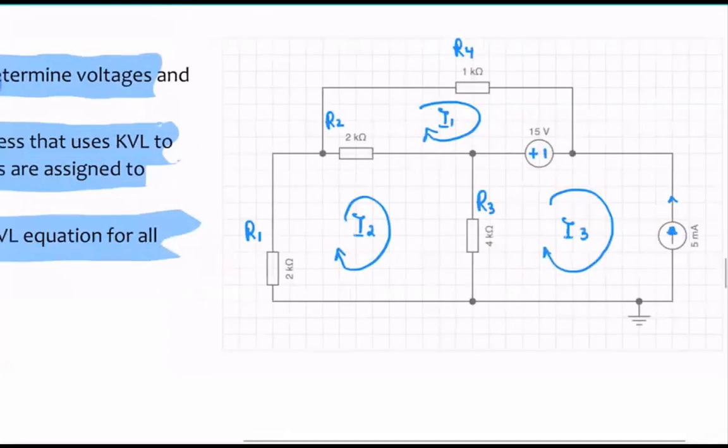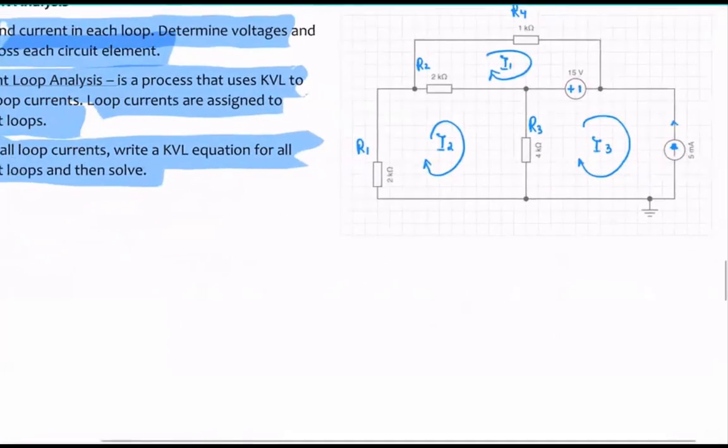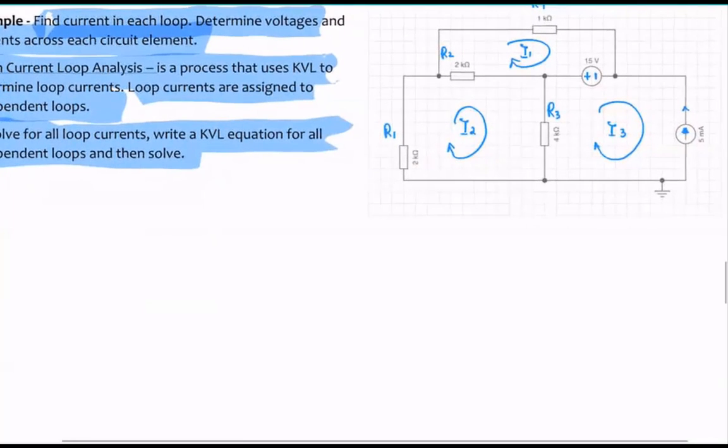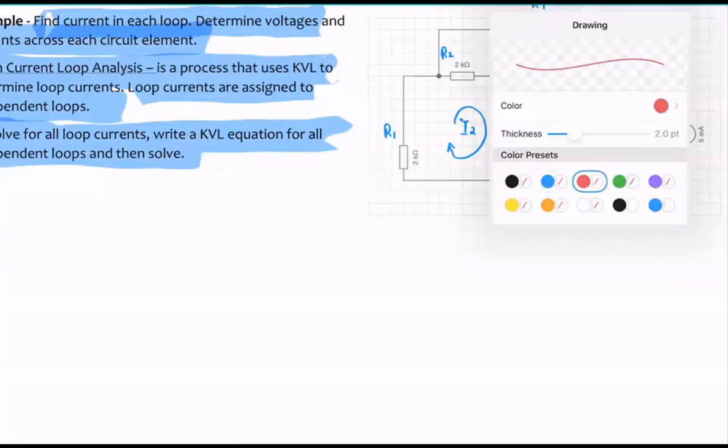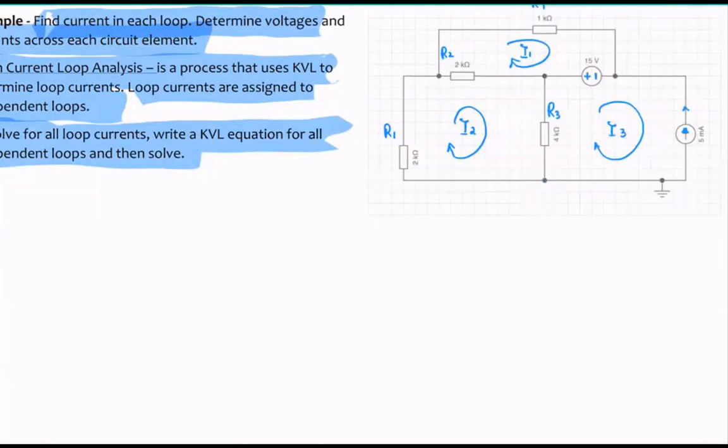Okay, so it's in this direction and it's 5 milliamps. Okay, all right. I'm gonna start off with the loop current equation for I1 first, which is this one right here at the top. Okay, loop I1. Okay, remember the direction of the current is just clockwise.